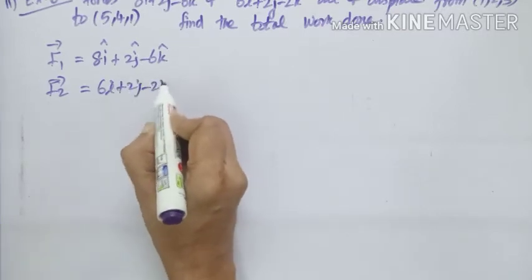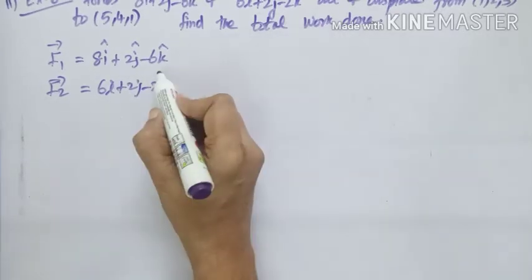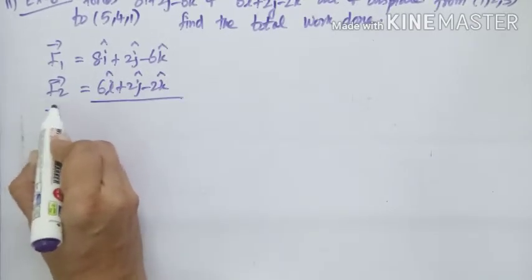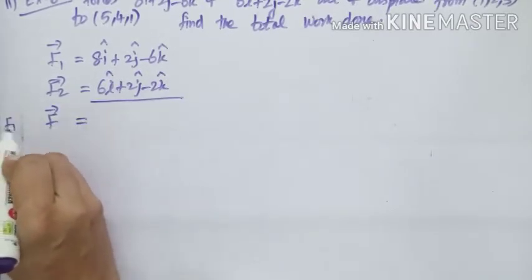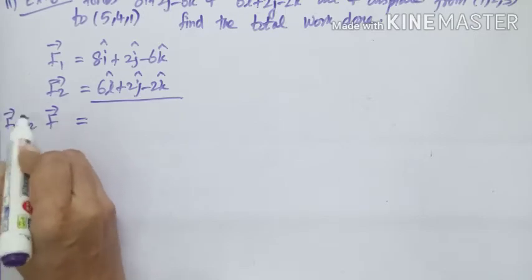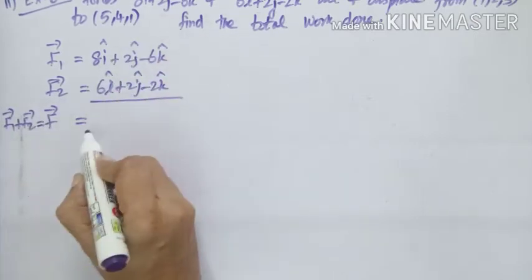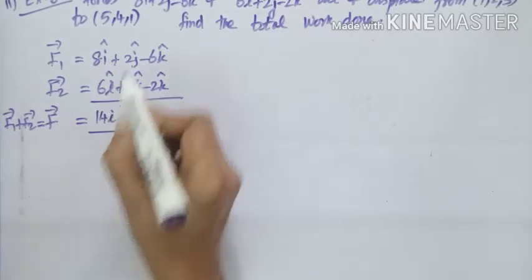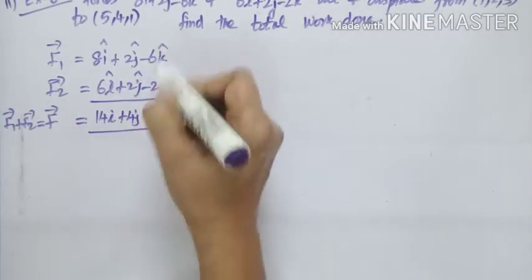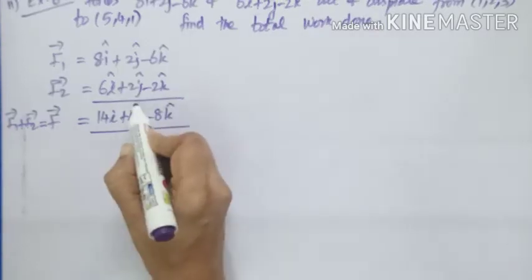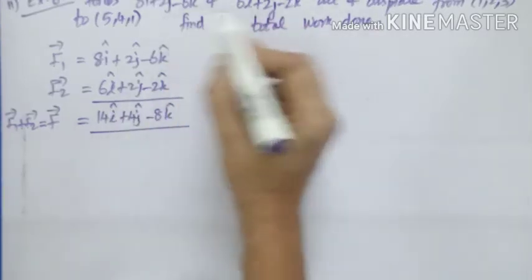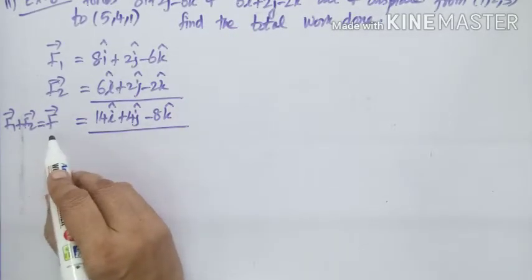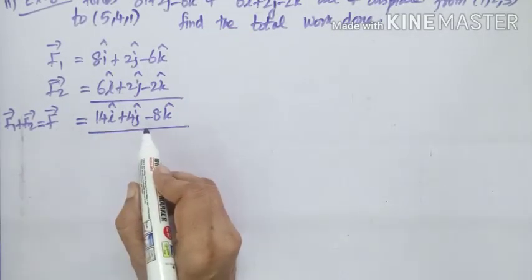And my question is total work done by the forces. So find something called F. What is F actually? The resultant force. That is, add the two forces given. 8i plus 6i, 14i, plus 4j, minus 8k. So if two or three forces are given, add all, and F is nothing but the resultant force.